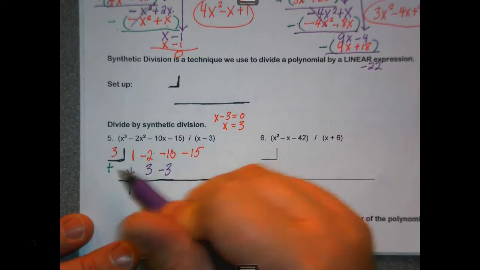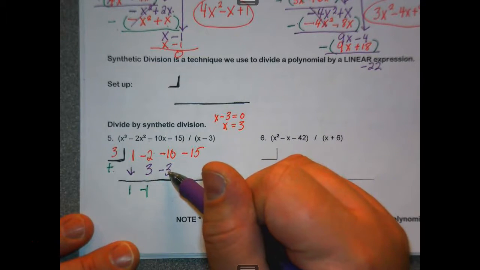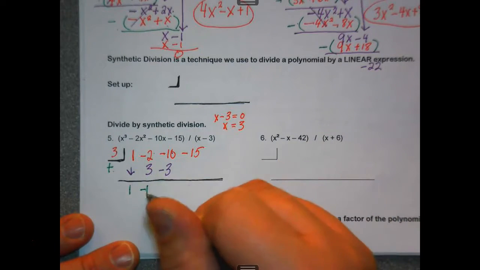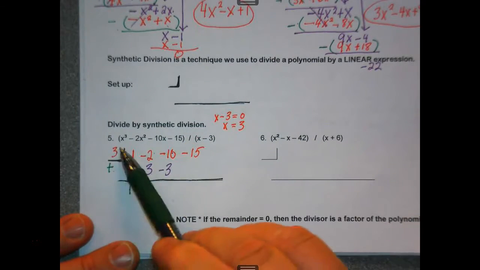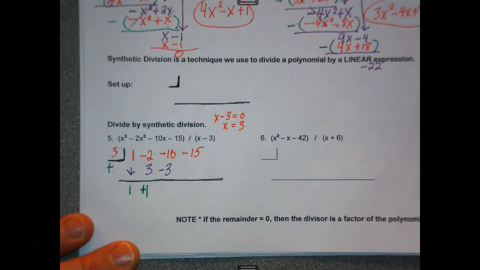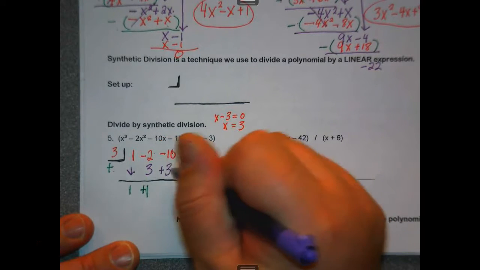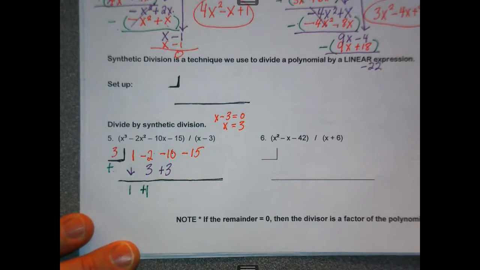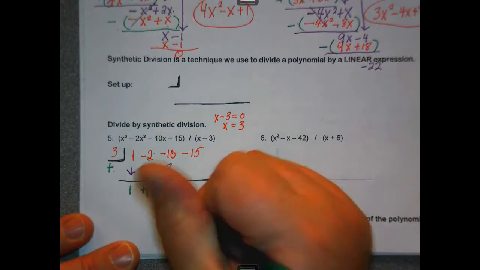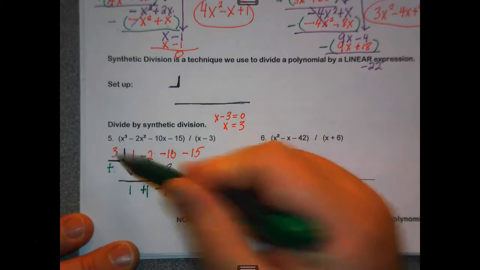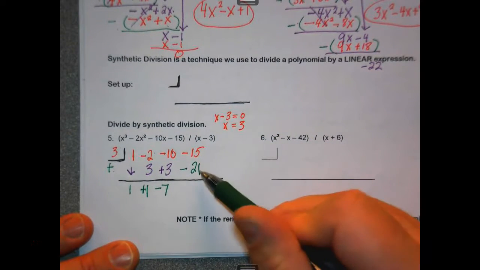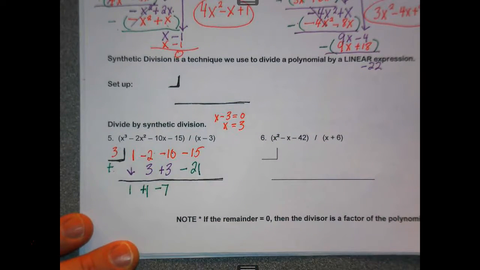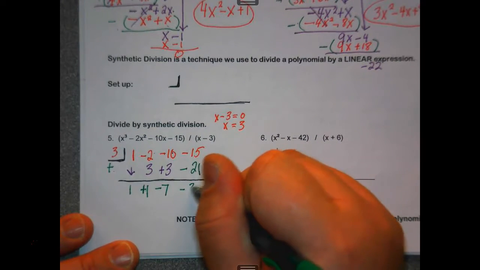Negative 10 plus positive 3 is negative 7. 3 times negative 7 is negative 21. Negative 21 plus negative 15 is negative 36.